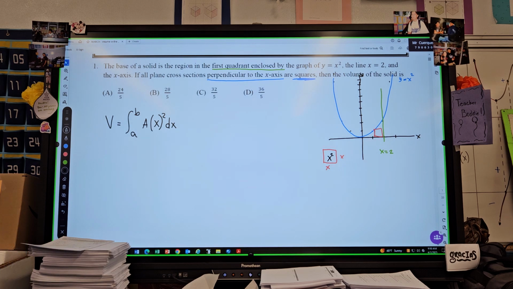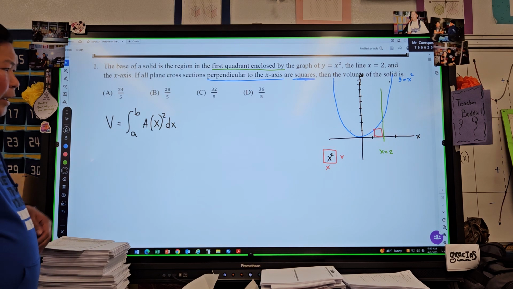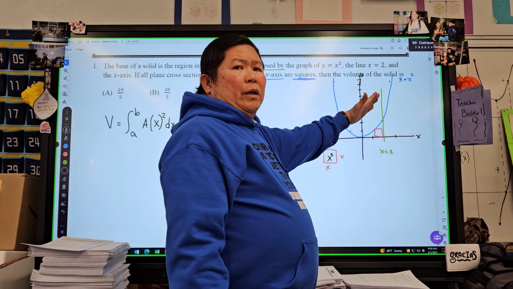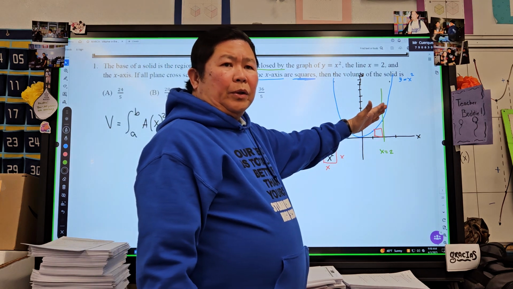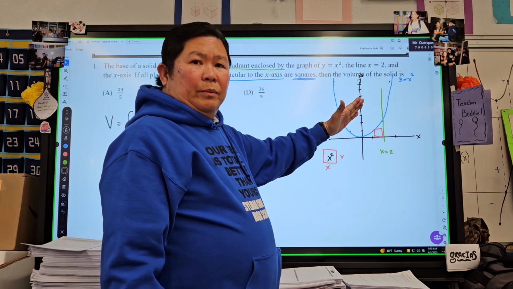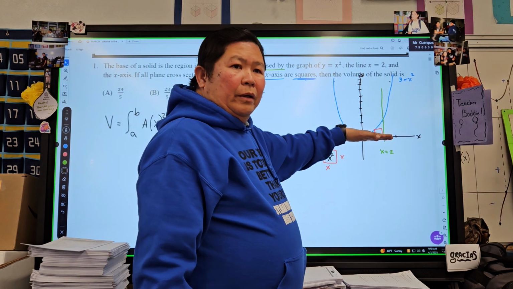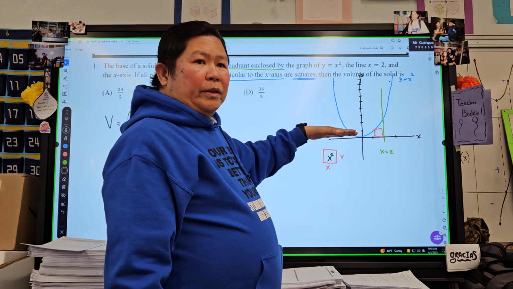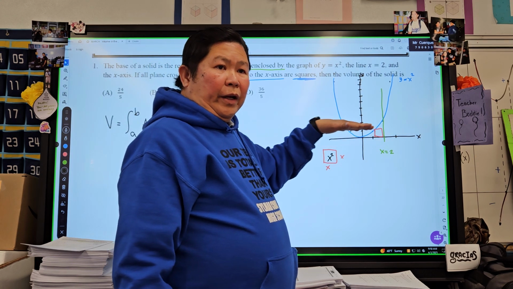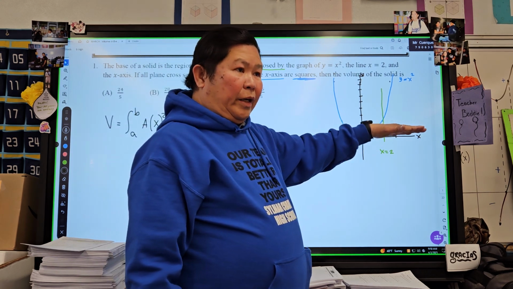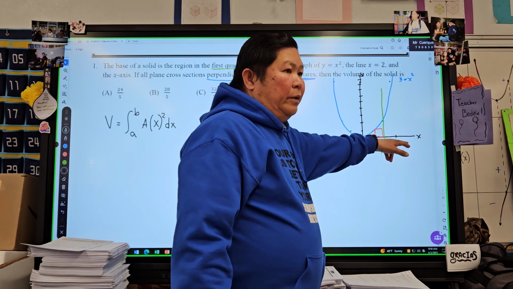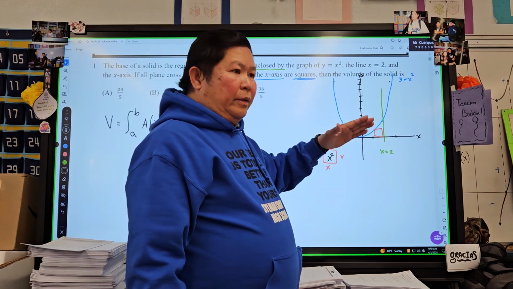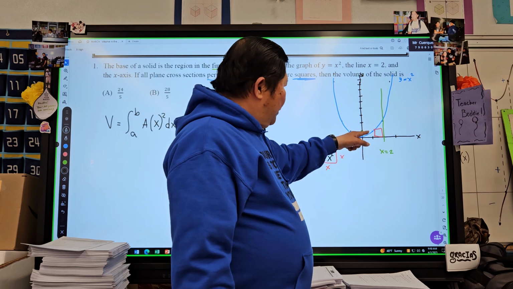okay. So right here, what is our upper curve? What color is our upper curve? Blue. And the g of x right here, understood to be the g of x, the lower curve is 0, right? Yeah. Not the green, but this one, because it's gonna be this one and this one only.